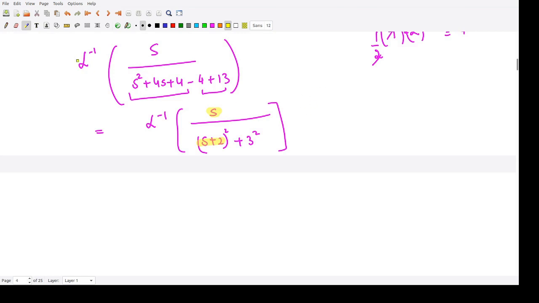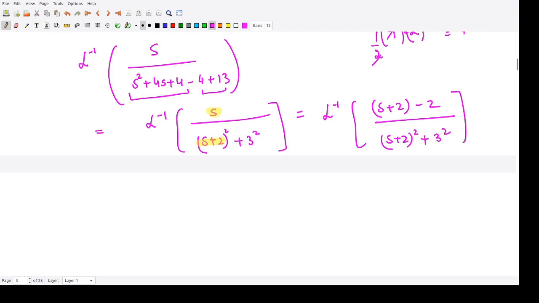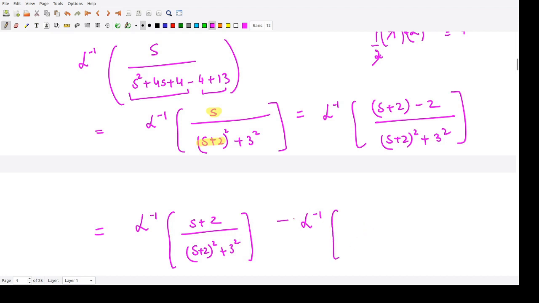So we will add and subtract 2 in the numerator, divided by s plus 2 whole square plus 3 square. So now we can separate out the terms. It would be Laplace inverse of s plus 2 divided by s plus 2 whole square plus 3 square, and then minus 2 Laplace inverse of 1 divided by s plus 2 whole square plus 3 square. This term has been taken out.